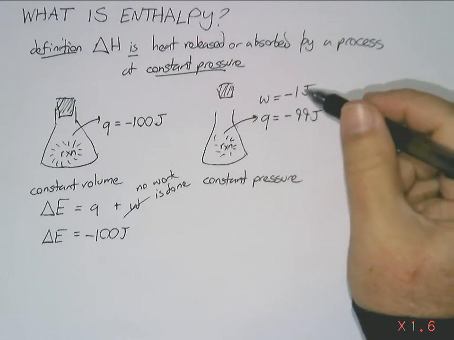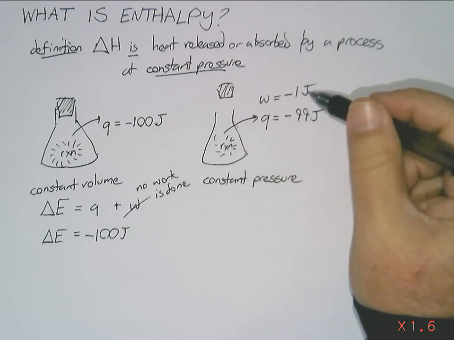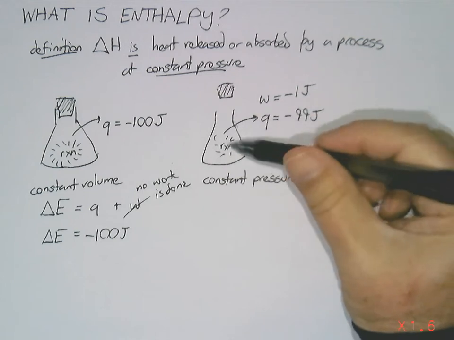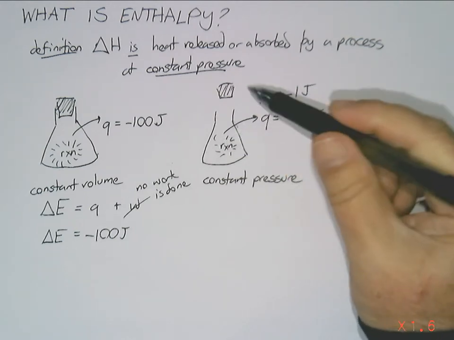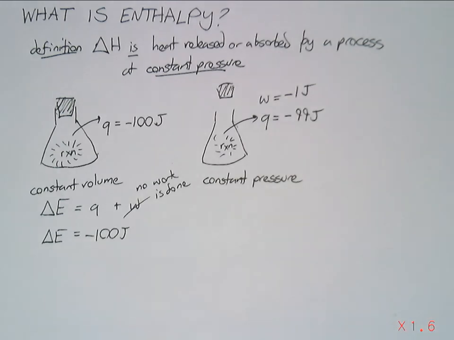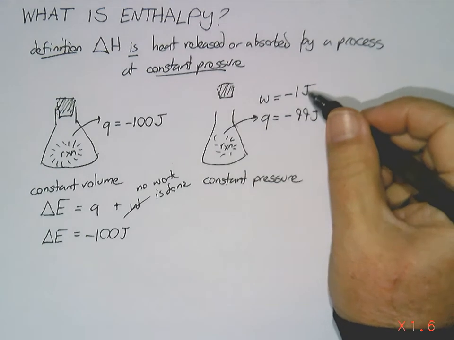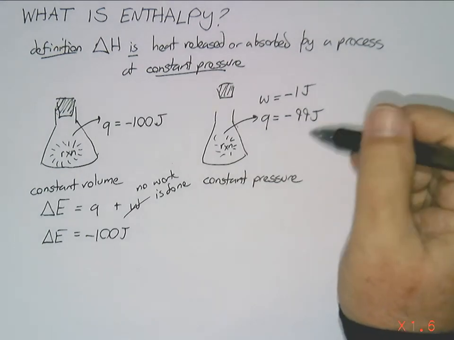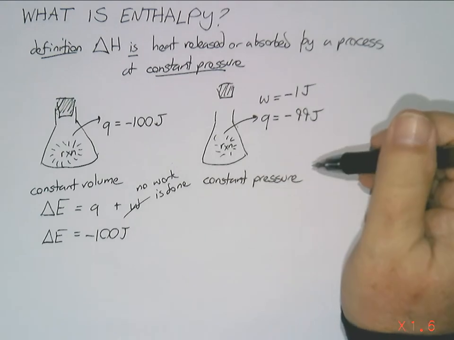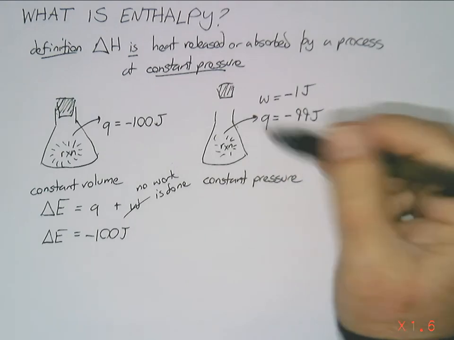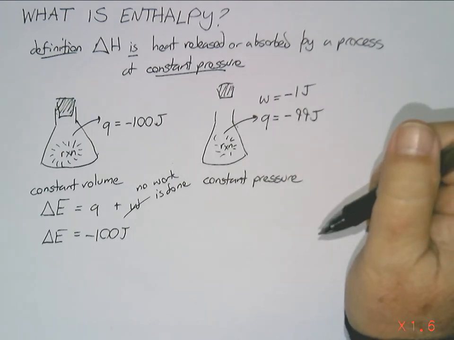So it's very difficult for us to measure the amount of work because we'd have to measure the volume change of this system. And when the top is open like that, it's not really such an easy thing to do, always. We would like to have some way of avoiding calculating that work every time from the volume change that the reaction undergoes.